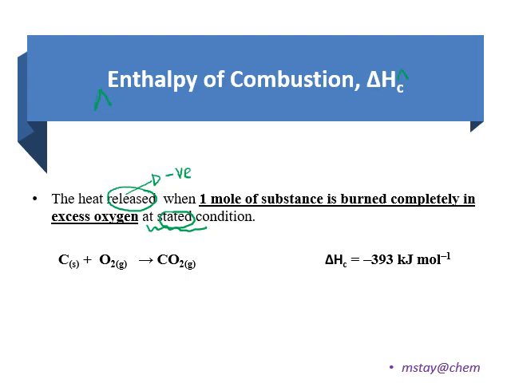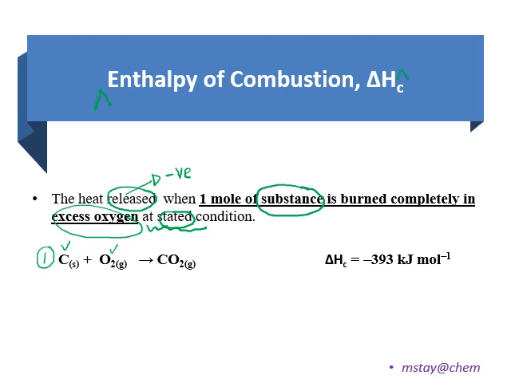Okay, when 1 mole of substance is burned completely in excess oxygen. When the word substance is mentioned, it can be an atom, an element, or a compound. Let's look at the first equation shown here: carbon plus oxygen produces CO2. It means that you burn carbon in excess oxygen O2, and then you will get CO2.